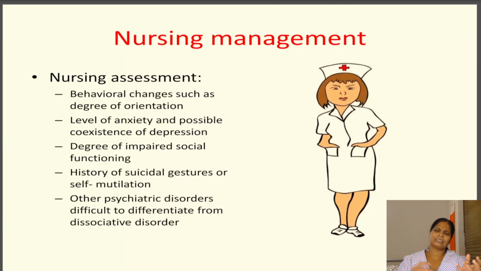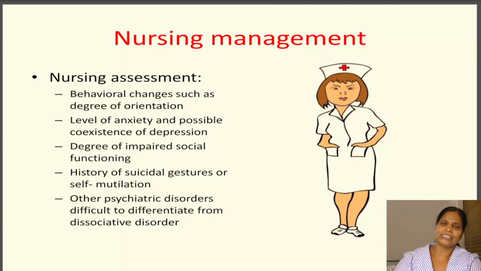And we discussed different subtypes like dissociative fugue, amnesia, then hysterical fits, trance and possession disorders, multiple personality disorders, dissociative anesthesia or sensory loss. So if you haven't seen it, please go back and see that video before you come to this video.